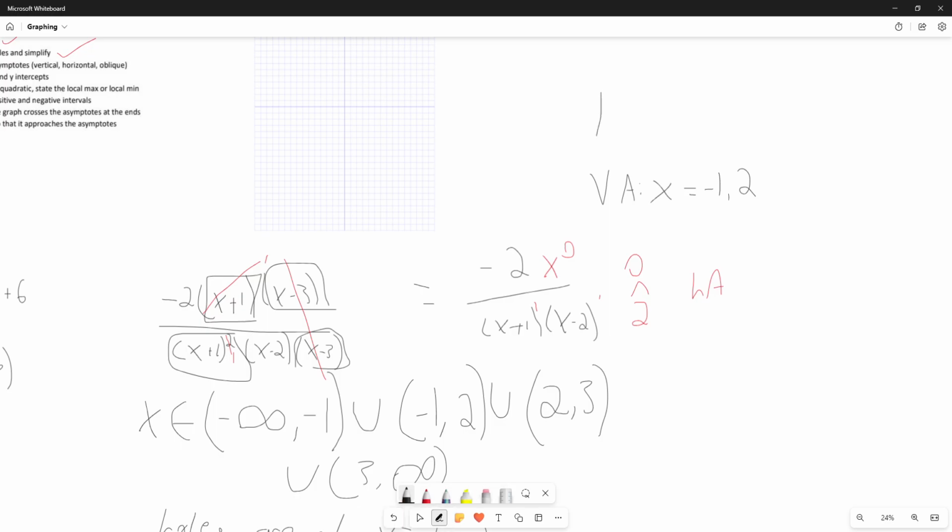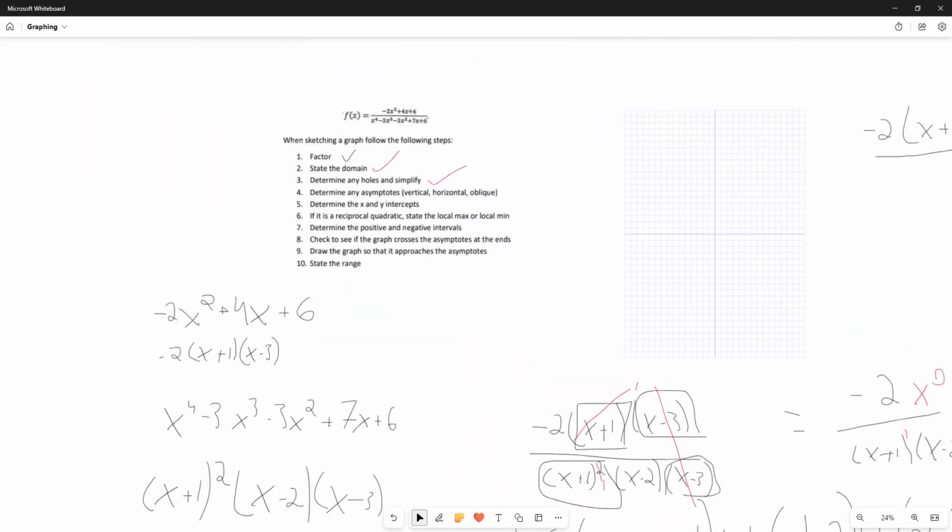The horizontal asymptote is exclusive with an oblique asymptote. You can't have one and the other. So this one is just y equals 0. Whenever the bottom degree is bigger than the top, we have y equals 0. So that finishes off our next point. We can check that off.